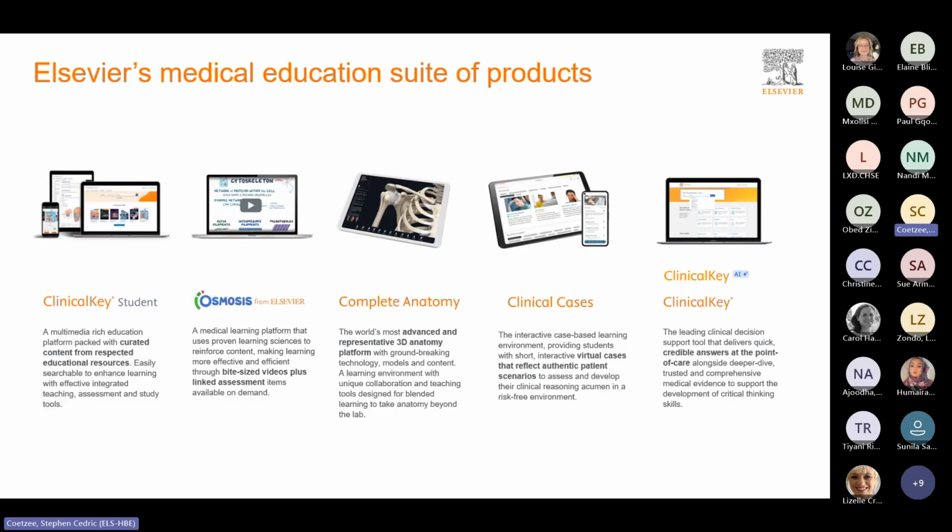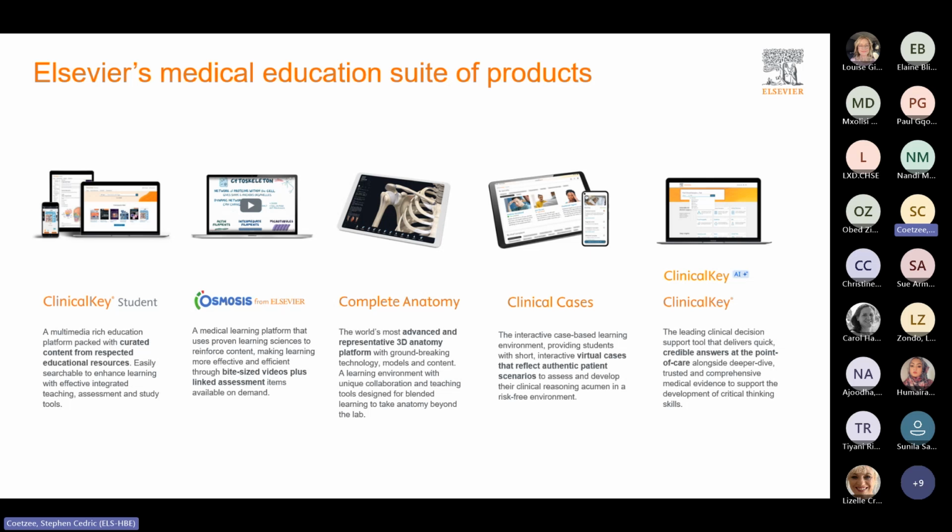We have quite a wide range of medical education products, including Key Student, Osmosis, and of course Complete Anatomy. Complete Anatomy is regarded as the most advanced and comprehensive 3D anatomical representation of the human body in the world, which supports many different specialities, including physiotherapy, nursing, etc., and is truly a phenomenal solution as well.